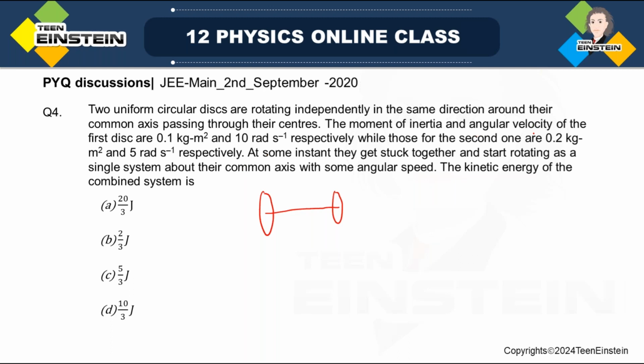The moment of inertia and angular speed of the first disk are 0.1 kg meter square and 10 radian per second.